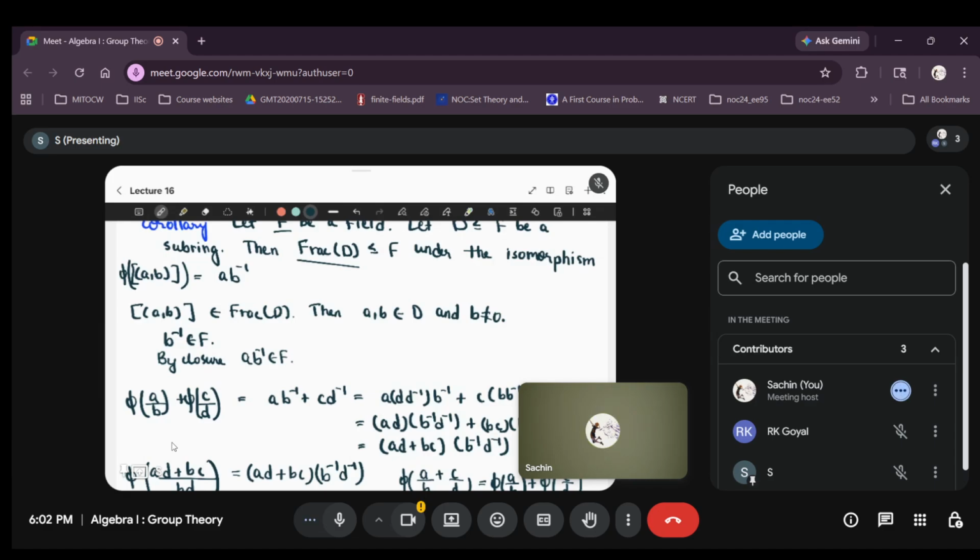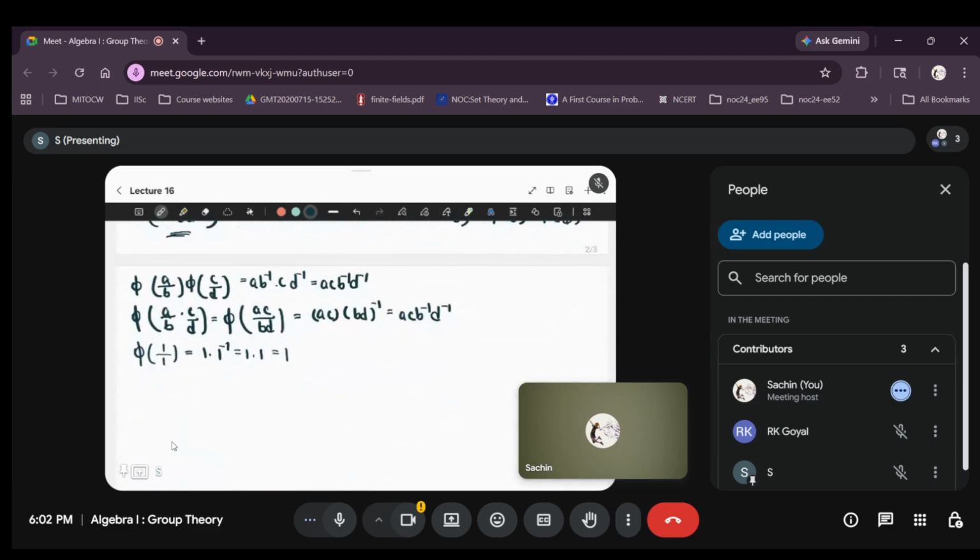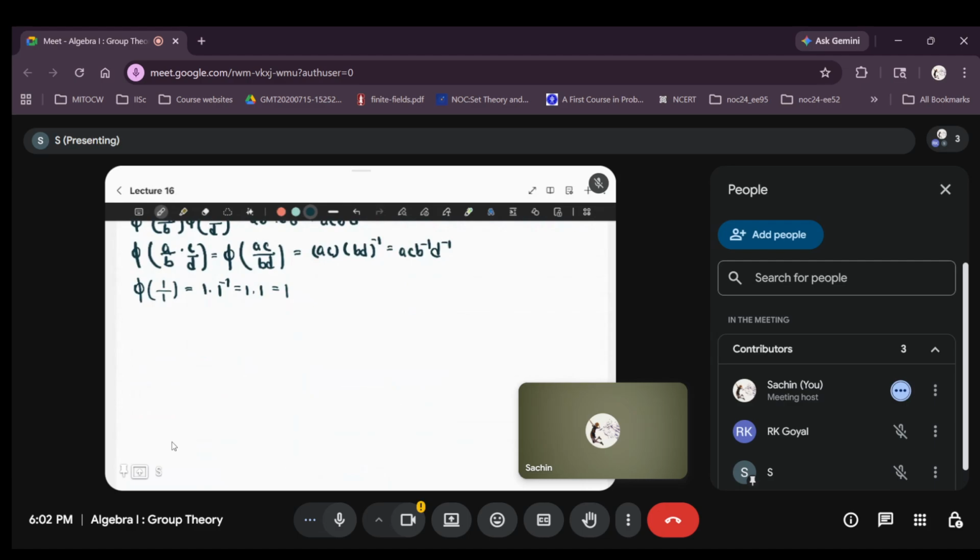That is, constructing this fraction field would... So what I can say is suppose you have this field.